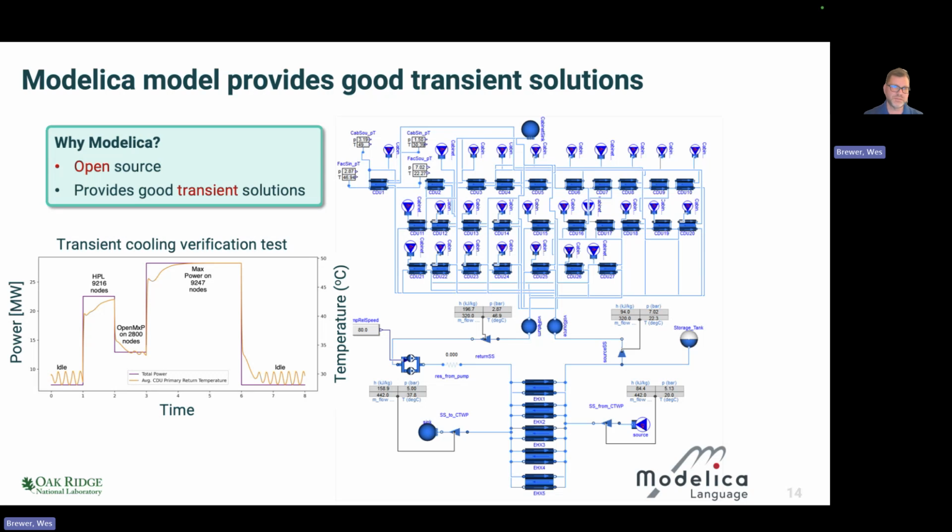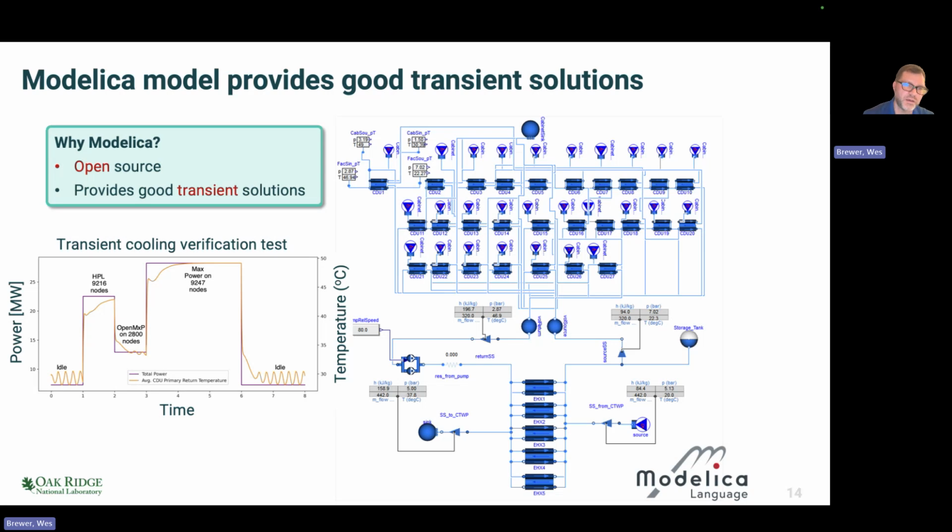So in this plot we wanted to show the coupling between the power. The purple here is the total system power. So we provided a synthetic power signal that went from idle at 7 megawatts up to what would be representative of an HPL run on 9216 nodes, 23 megawatts.